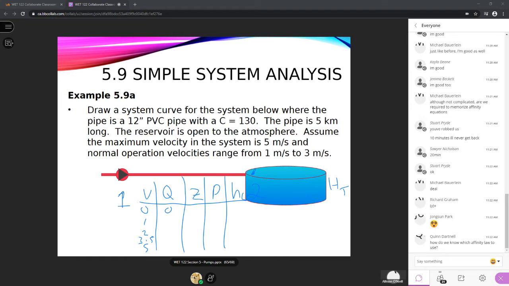So what I need everybody to do now is figure out what the flow rate is going to be for each one of those 4 velocities. You all remember how to do that with your Q equals VA. And your area here is going to be dependent on your 12-inch diameter pipe, so you have to figure out what the area of your pipe is.